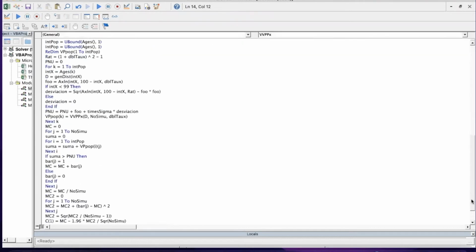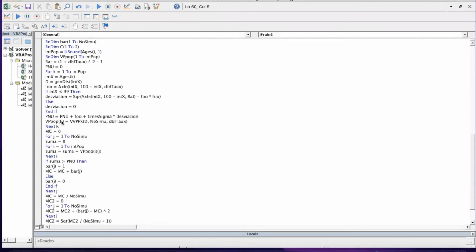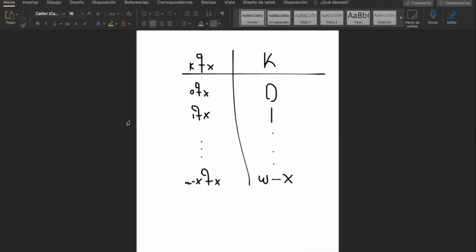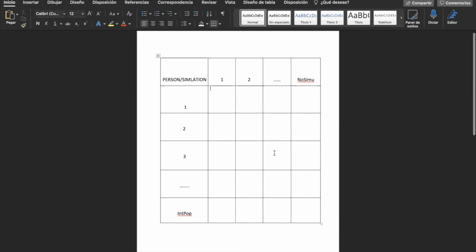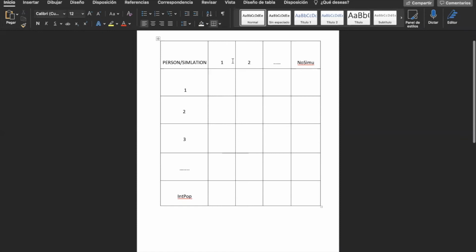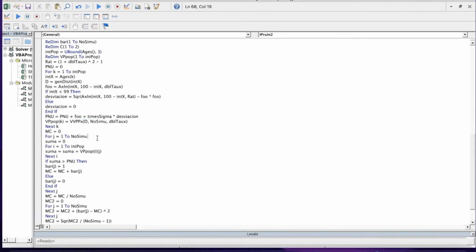So if we go back to this one, for every single person in the portfolio, we will be generating a number of simulations because we want to have something like this for the first person, all the simulations, for the second, all the simulations. We're doing this because the next thing we are going to do is sum all this column, and we're going to compare every single one of them with the premium that we are charging.